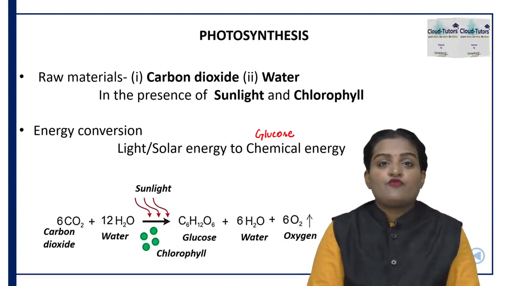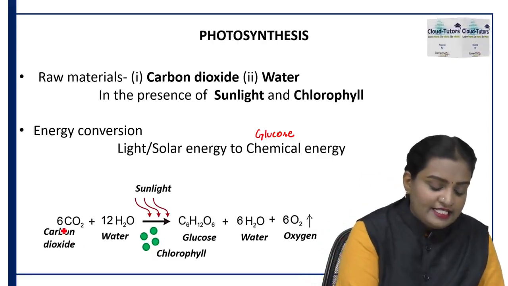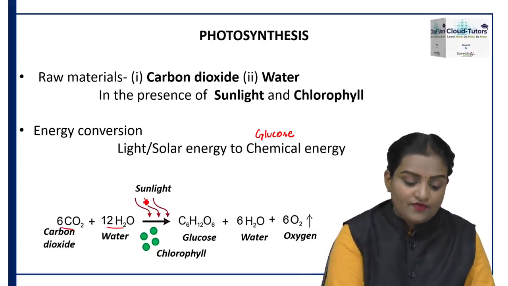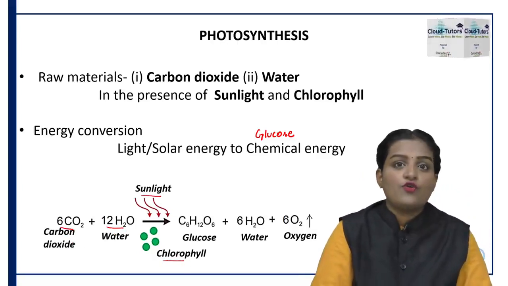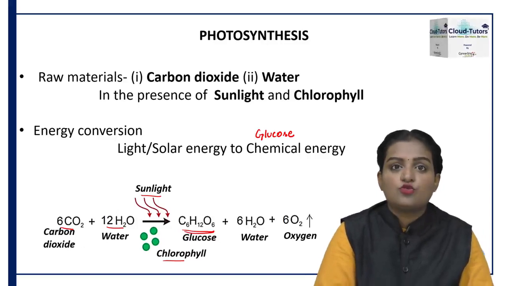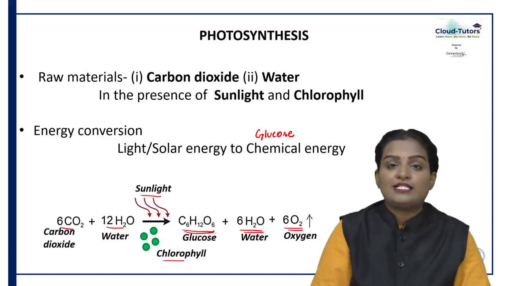So if you take photosynthetic reaction or photosynthesis equation, we need 6 carbon dioxide, 12 water molecules, and in the presence of sunlight and chlorophyll, the plant will be able to synthesize 1 glucose molecule, 6 water and 6 oxygen molecules.